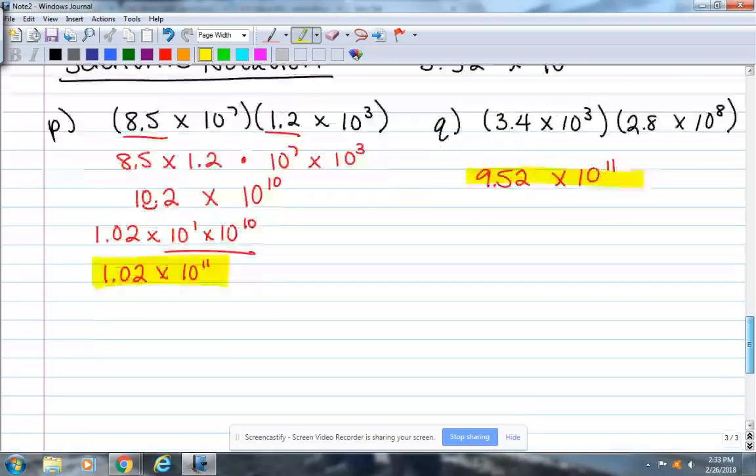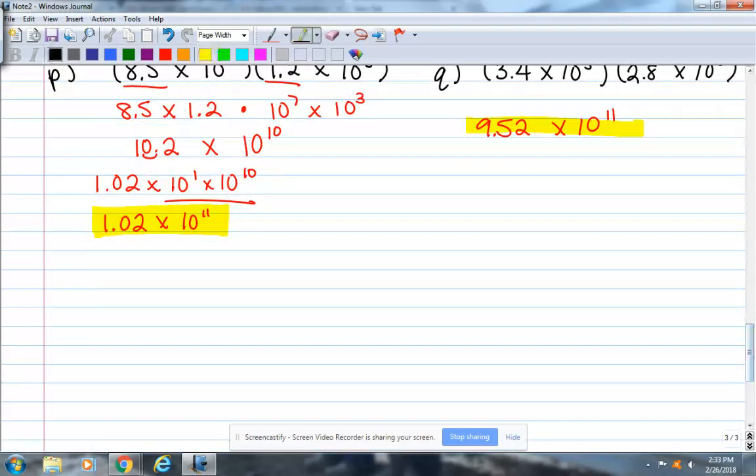What if you have one like this? 5.8 times 10 to the negative 6, raised to the fourth power. Multiply it by four? You don't multiply everything by 4.